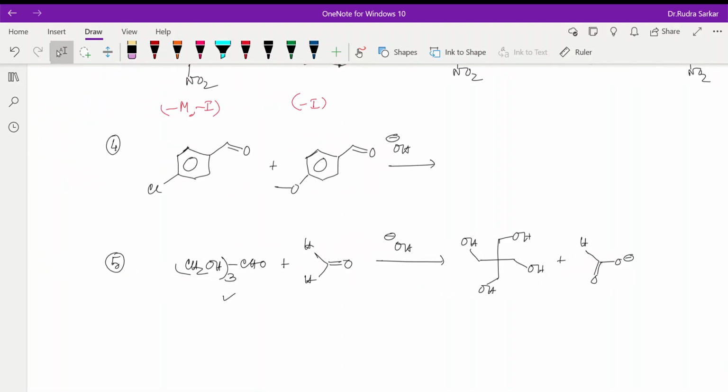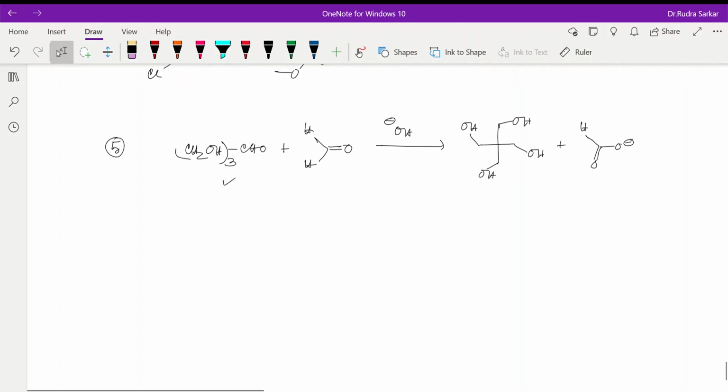Okay. Next we are doing intramolecular Cannizzaro reaction. Okay. Intramolecular Cannizzaro's reaction.